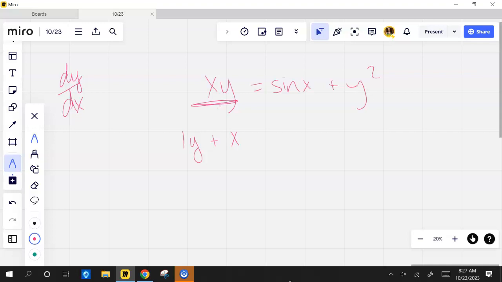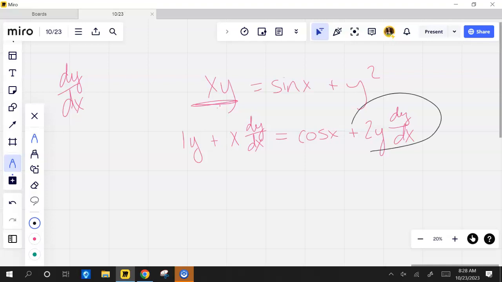What's the derivative of y? 1 dy dx. That's right. Don't ever forget that if you're taking the derivative of y. What's the derivative of sine? Cosine. And what's the derivative of y squared? 2y dy dx. And you're right, Robert, this is where I get all the dy dx's together and factor it out so that I can solve it for dy dx.